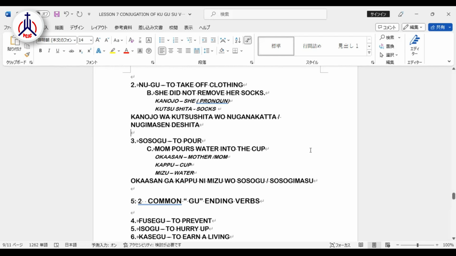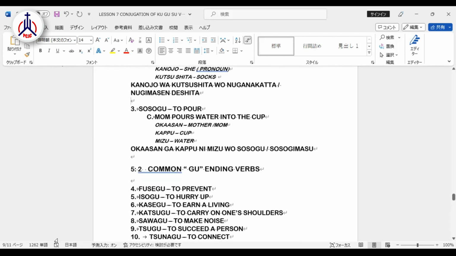Okay? Next. Sosogu. Sosogu means to pour. To pour pani. I know pani is water, right? To pour water, okay. And then our sentence is Mom pours water into the cup.